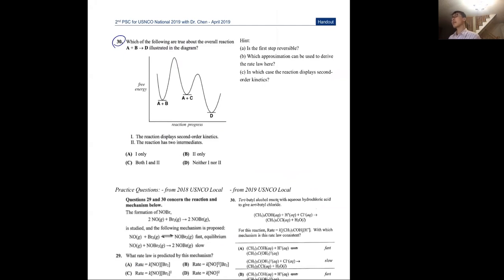I was confused the first time I worked on this question. I didn't know what the first step reaction and the second step reaction were. Actually, the first step is B changing into C, and the second step is A plus C changing into D.